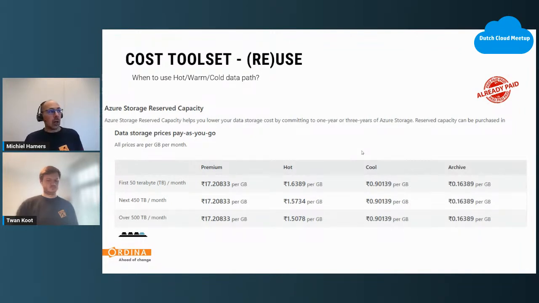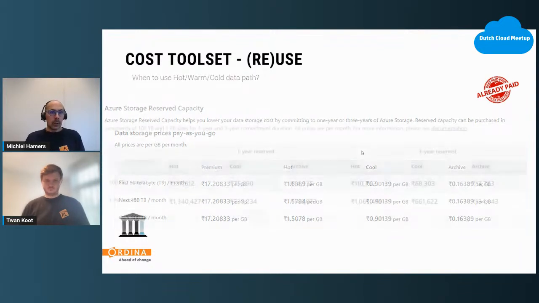If you say, okay, this archive will be used for 10 years in a row, then reserve that storage on archive, because then the price will be even less. So really take that into account.